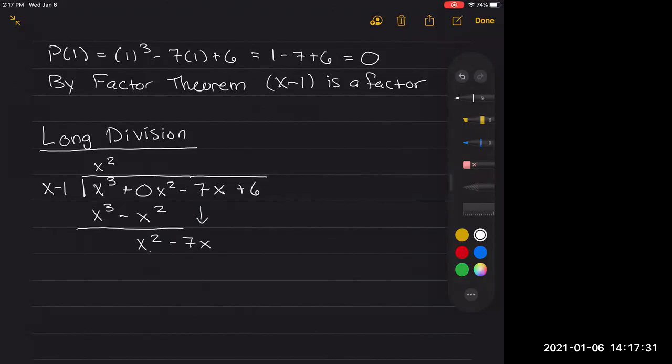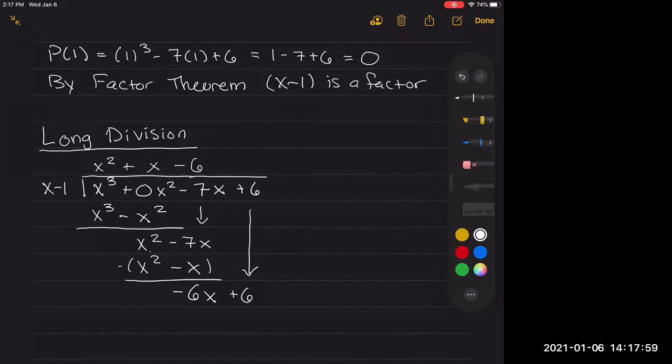And now x squared divided by x just equals x. So then we add an x. Then we multiply it through, so we get an x squared minus x. And we subtract this, and we get a minus 6x. And then we bring this down. And minus 6x divided by x just gives us minus 6.